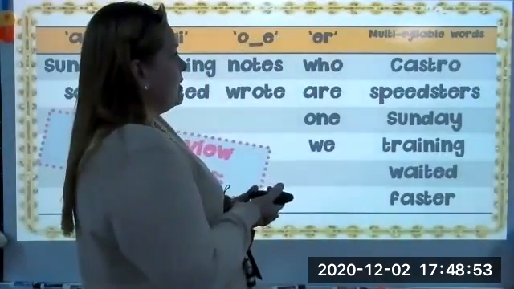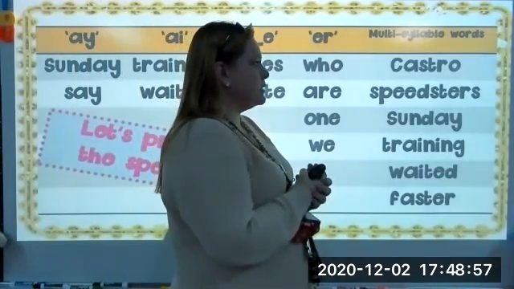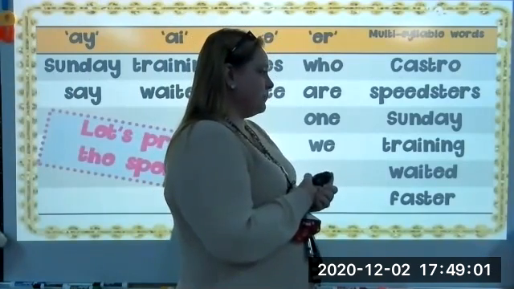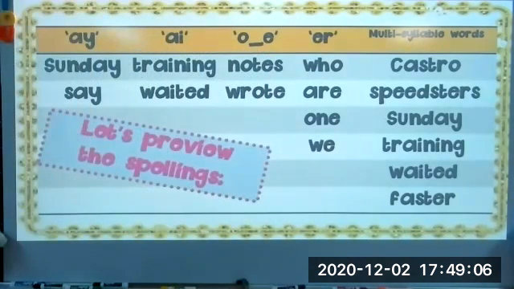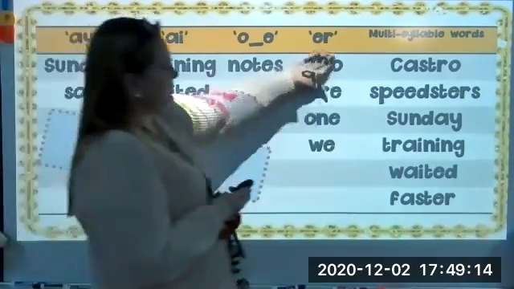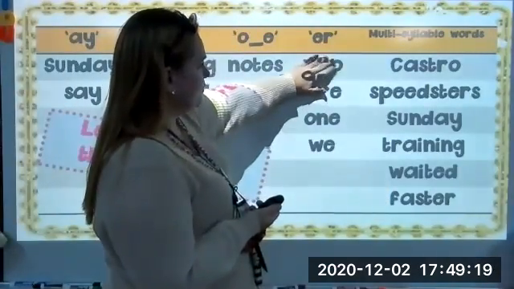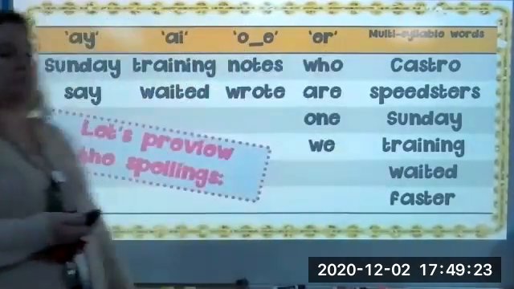And then we have multi-syllable words like Castro, spreads, speedsters, Sunday, training, waited, and faster. The only word that's supposed to be here is faster. I don't know what these are for. So the word faster is supposed to be up here.